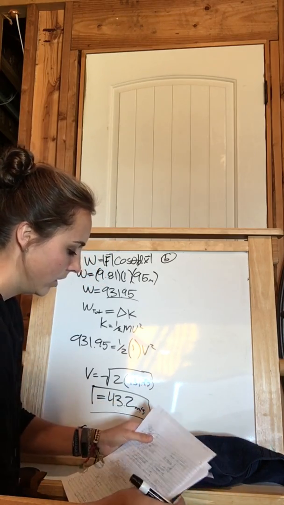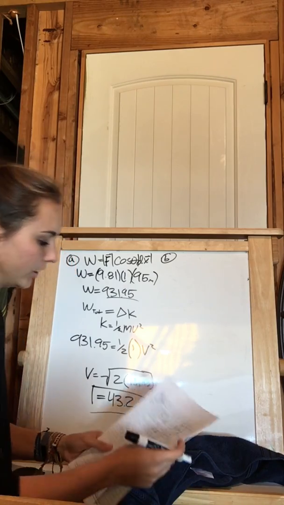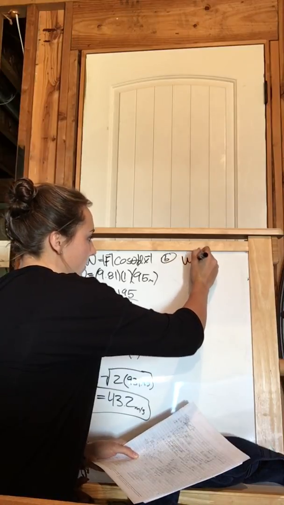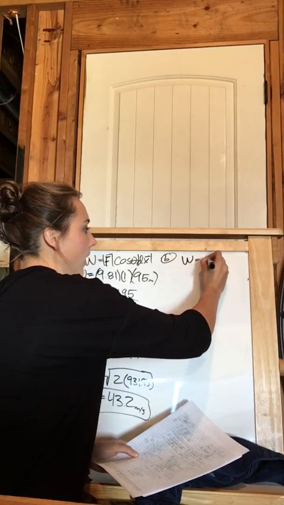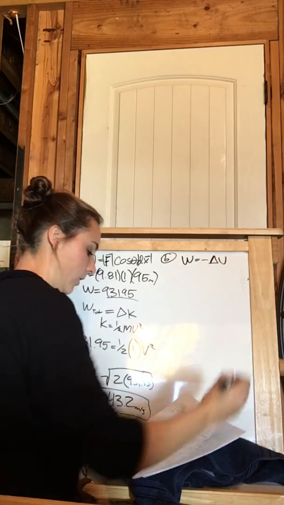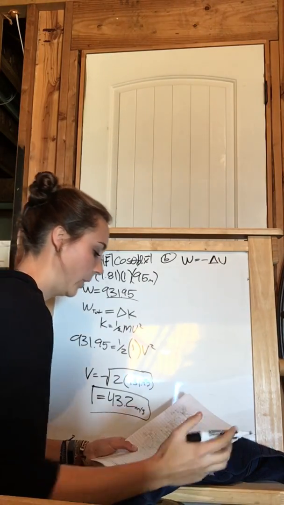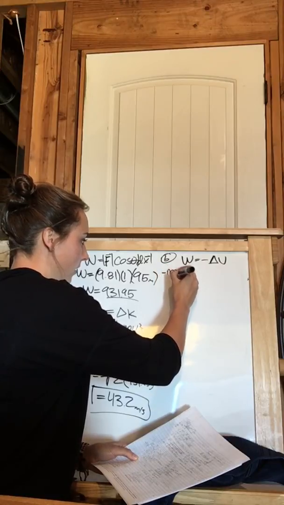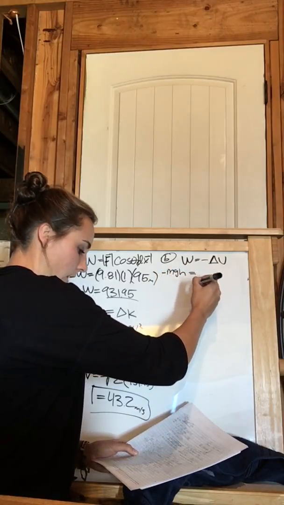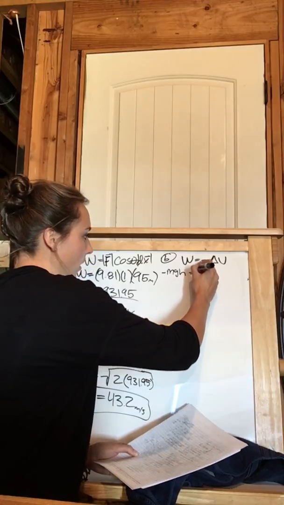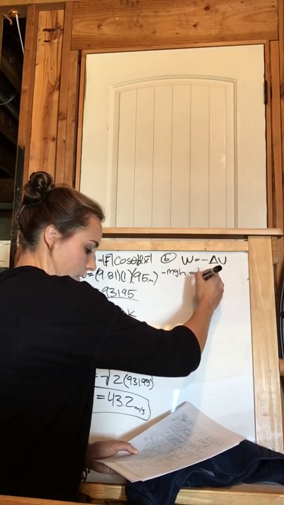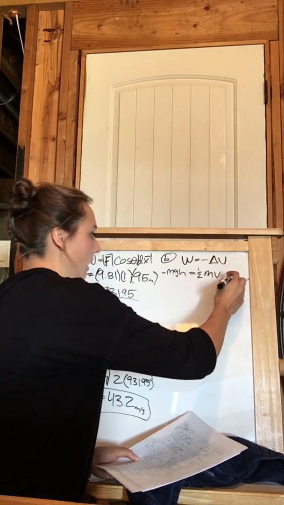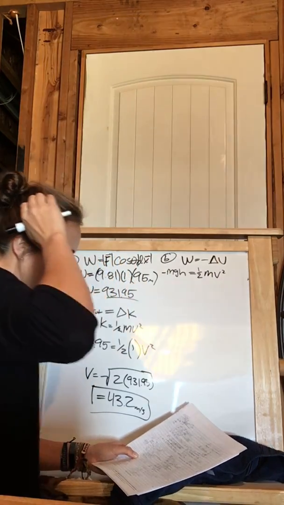So for this one, we're going to have to use potential energy and kinetic energy. So we know that work equals negative delta U, which this delta U is potential energy. So that's the same as saying negative mgh equals 1/2 mass times velocity squared.